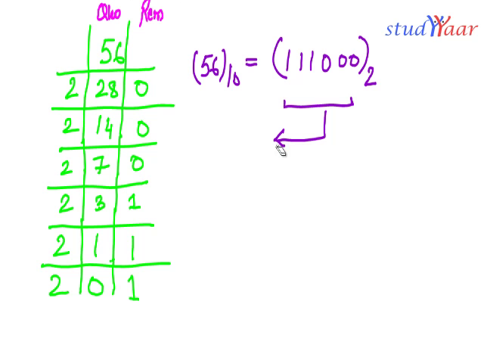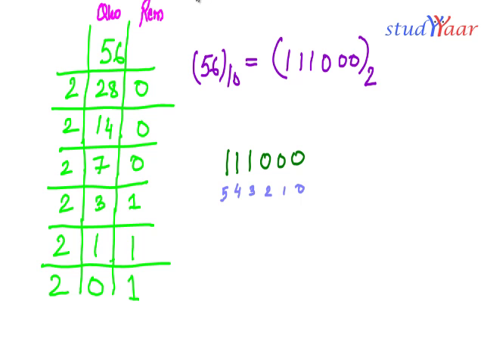Let me write the indices. I have my binary number 111000. The indices are 0, 1, 2, 3, 4, 5.